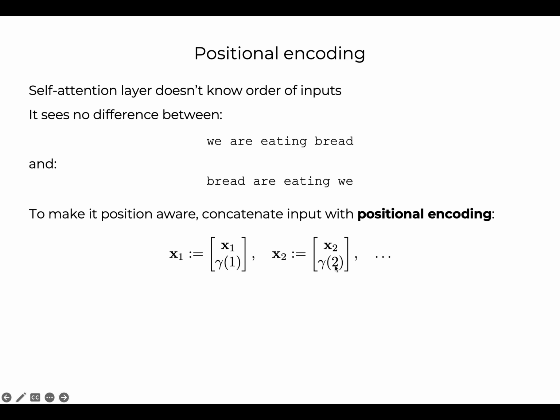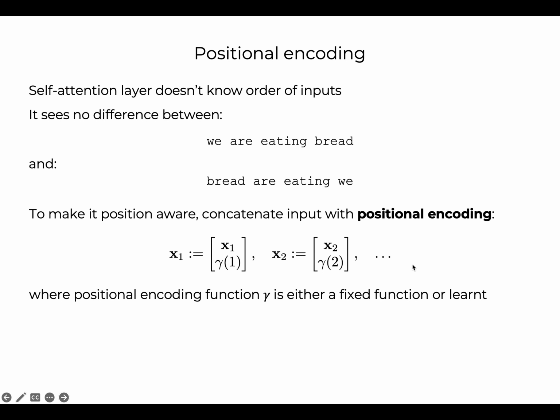For the second input we do the same, just positionally encoding the value 2 this time. So this positional encoding function gamma is either a fixed function that just does something to those positions to give you a vector, or it can also be learnt, so you just have a learnt embedding associated with each input position.